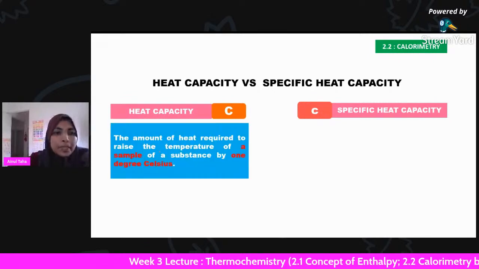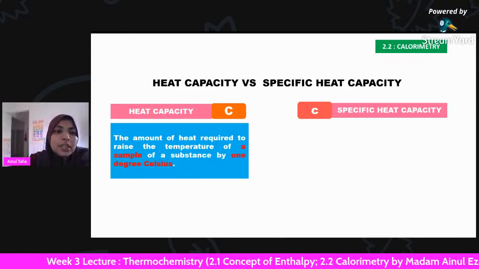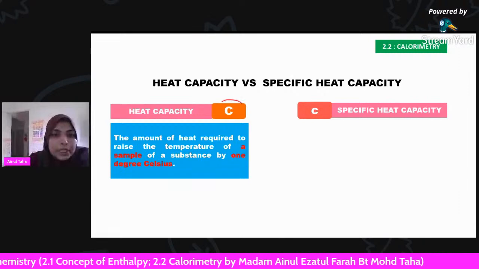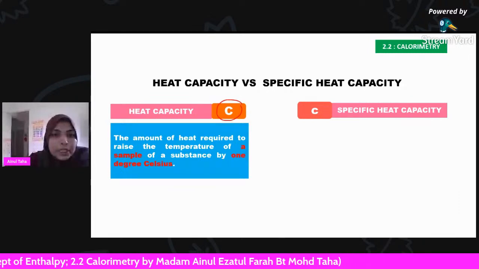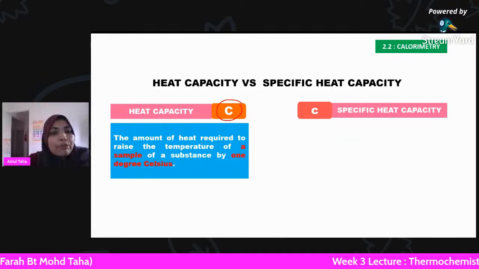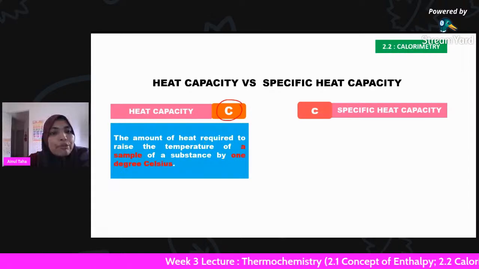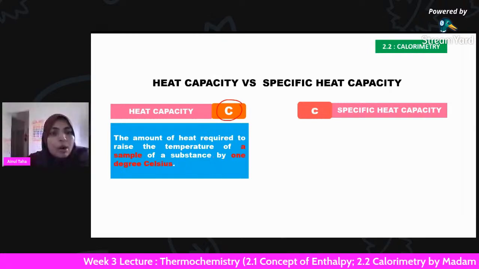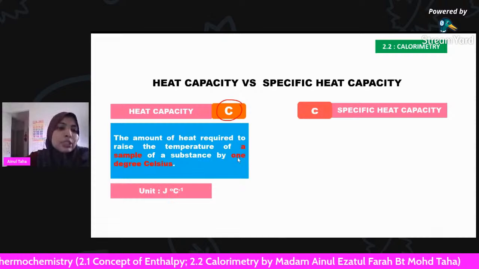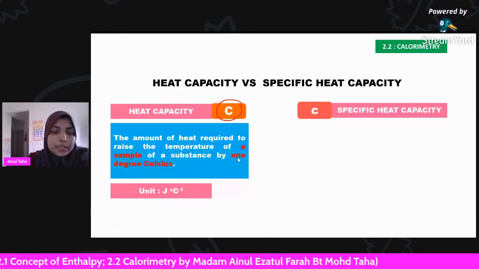But what is heat capacity? Heat capacity we represent with capital C. So we go to the definition. Heat capacity is the amount of heat required to raise the temperature of a sample of a substance by 1 degree Celsius, and the unit is joule per degree Celsius.